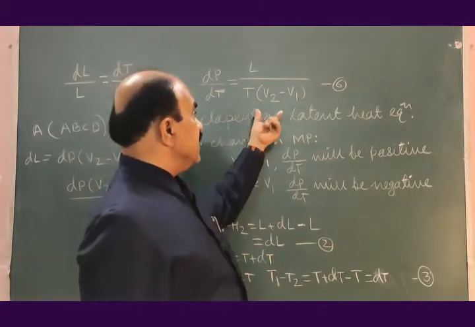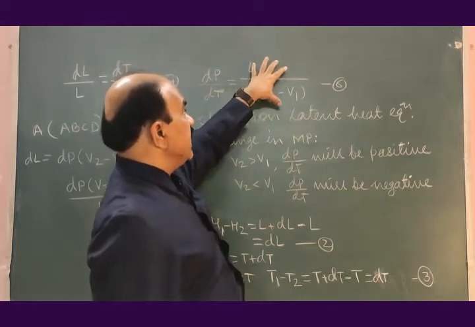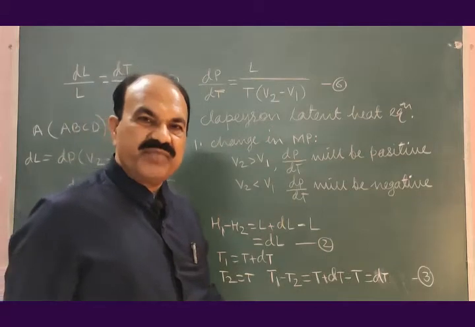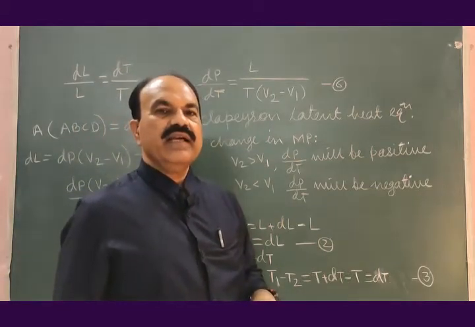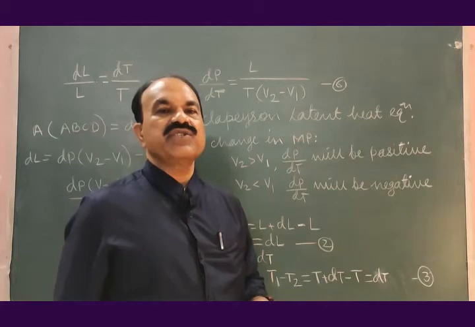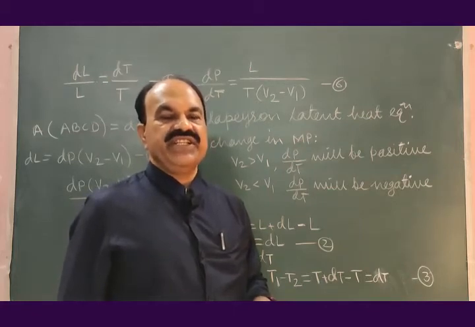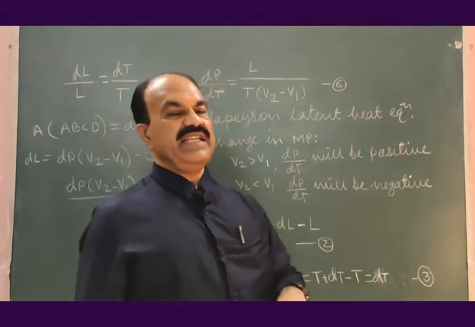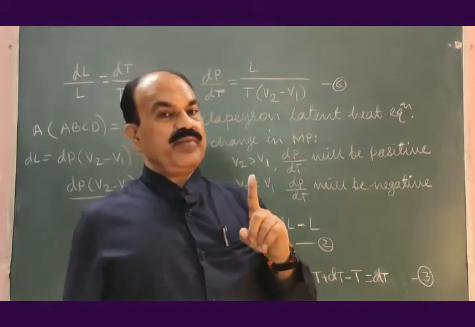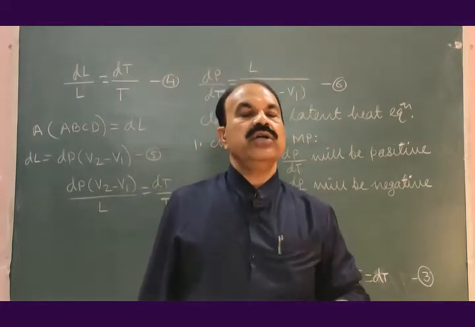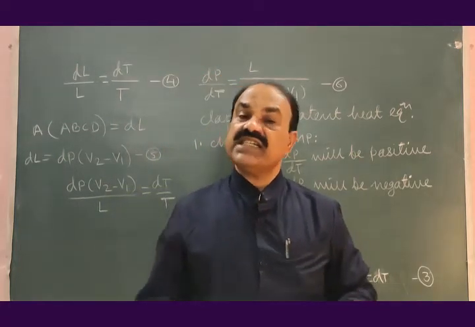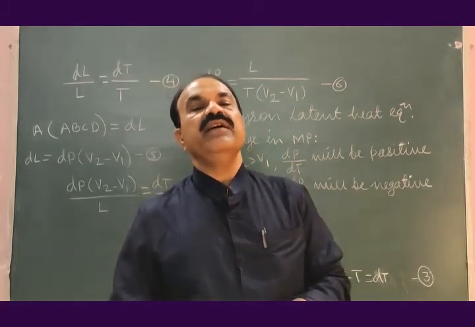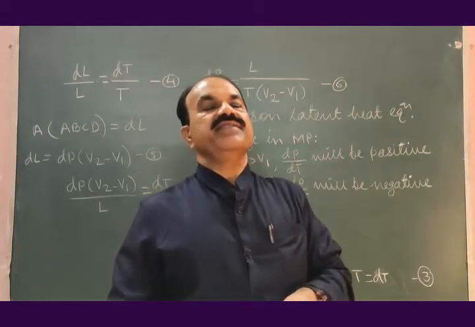In that case this term is negative, and therefore dp by dt is negative. What does this mean? If pressure on a solid is increased, its melting point will decrease, and vice versa.